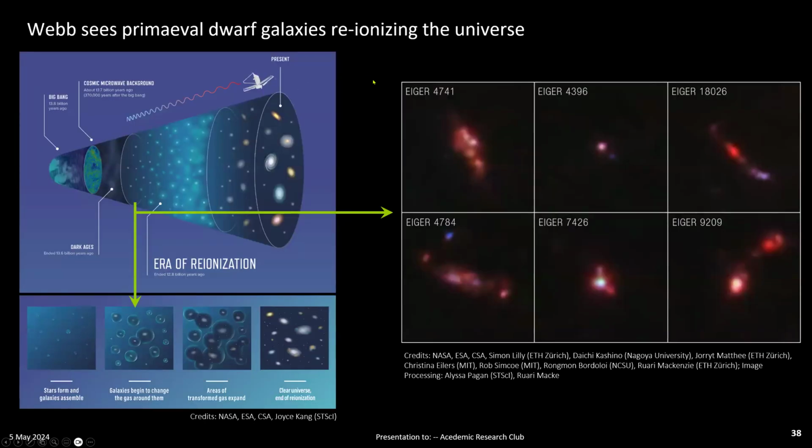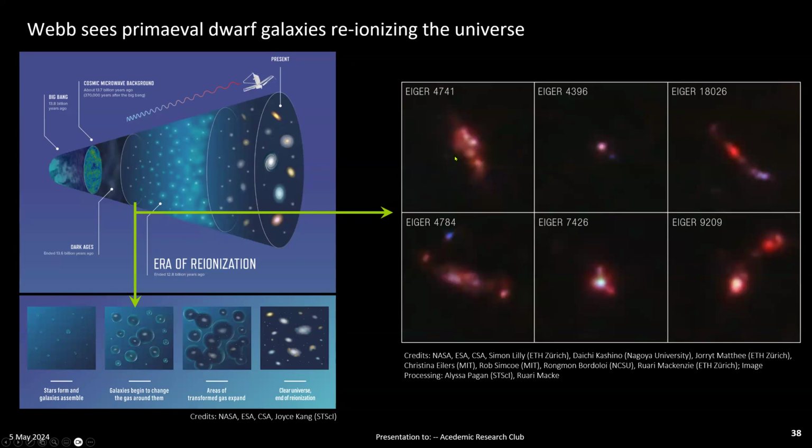The Webb is seeing how the universe was reionized. The universe started out as a hot plasma, and as it expanded and cooled, the electrons and protons in that plasma could get together to form atoms so that the gas was neutral and then light could escape. But then something happened in the subsequent evolution of the universe to reionize the interstellar space.